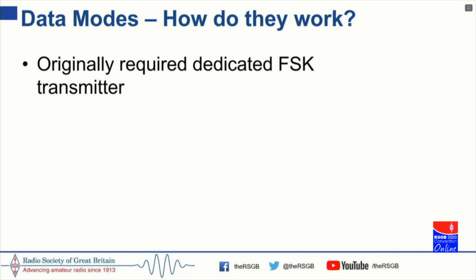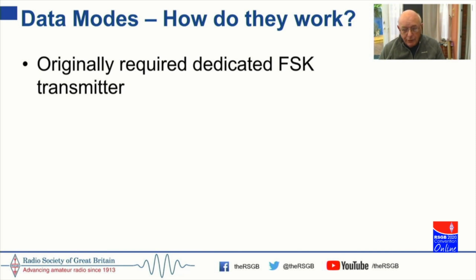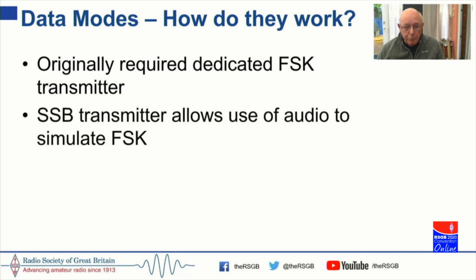So when all this started up, of course, in order to do this switching between two carrier frequencies, you needed a specialist frequency shift keying transmitter, which was a problem. Some of the early amateur radio kit did come with FSK fitted in it, but most didn't. But the thing that changed everything was the introduction of SSB transmitters or transceivers.